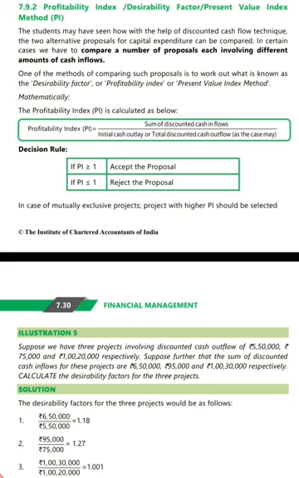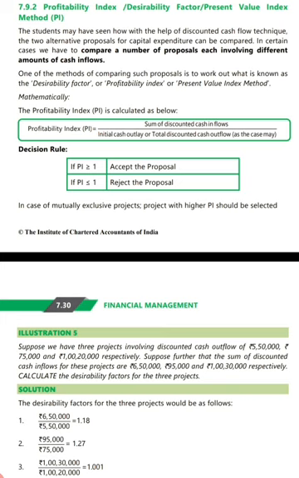Even academicians, researchers or students will wonder how we can use this discounted cash flow technique to compare two alternative proposals, because in certain cases the cash inflows are predominantly different.